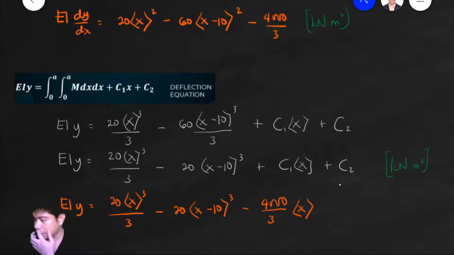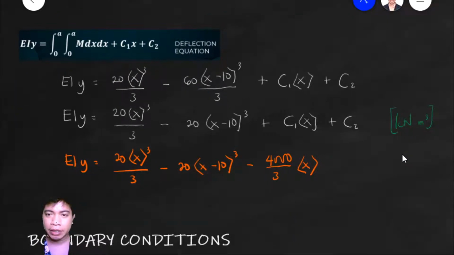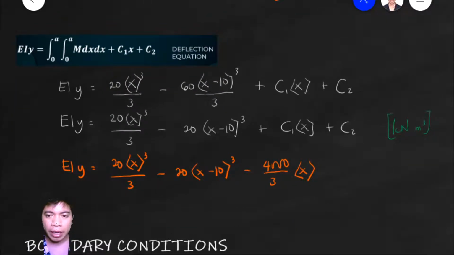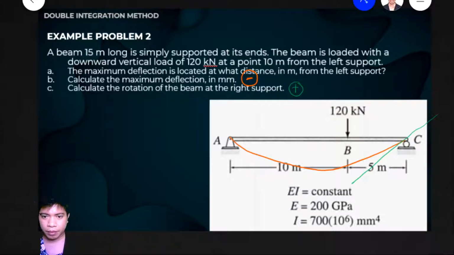Then C2 natin is 0, so hindi na natin kailangan ilagay si C2 dito. So ito na nga guys yung ating deflection equation. At ang unit nga natin dito is kilonewton cubic meter. So ayun, so ngayon ay pwede natin i-solve nga yung ating mga problems.